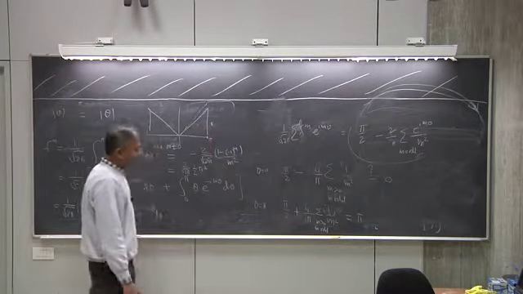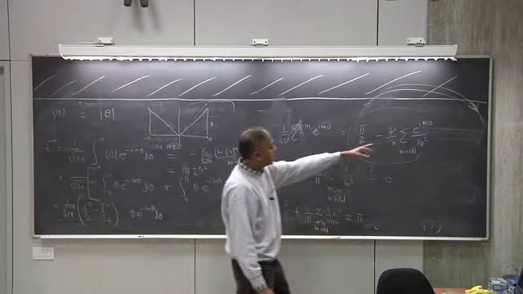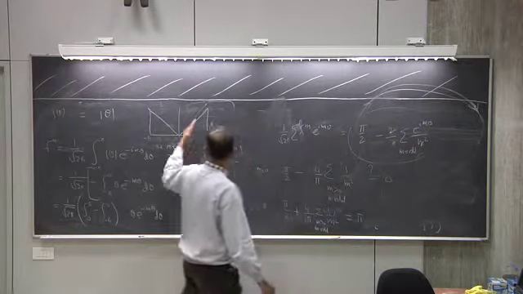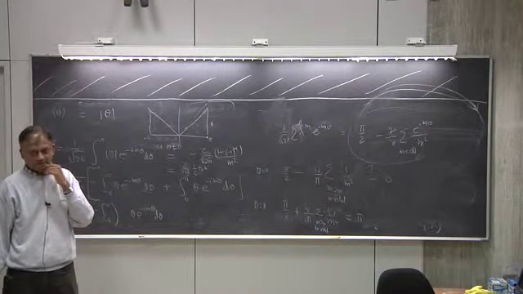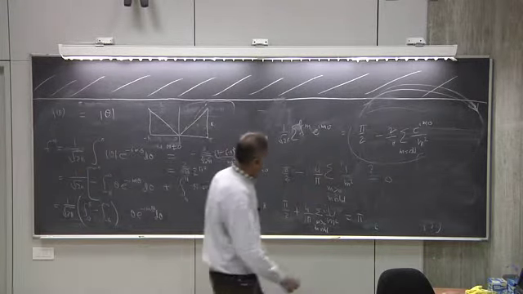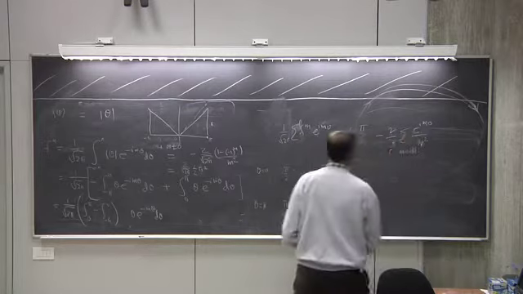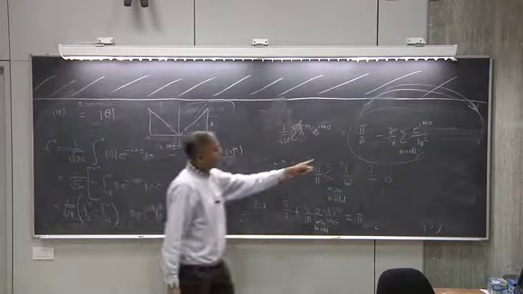Okay, but more generally, one would like to check for any value of theta. Is it true that I just get the absolute value of theta? So let's see again. Let's try to do the same type of tricks. We want to integrate this object, right?